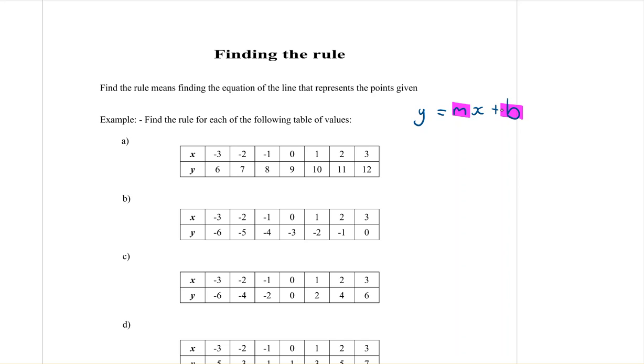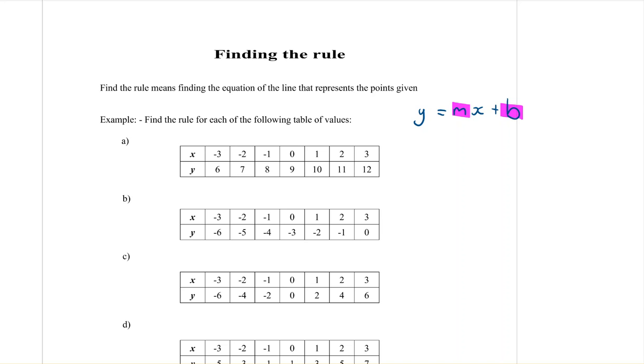The m is always the number that the y values are going up by. Now that is assuming that your x values are always going up by 1s. If they mix your table up a bit, it doesn't work. But assuming that your x values are always nicely going up by 1 up here, whatever these are going up by is your m. Whatever is underneath the 0 is the b.